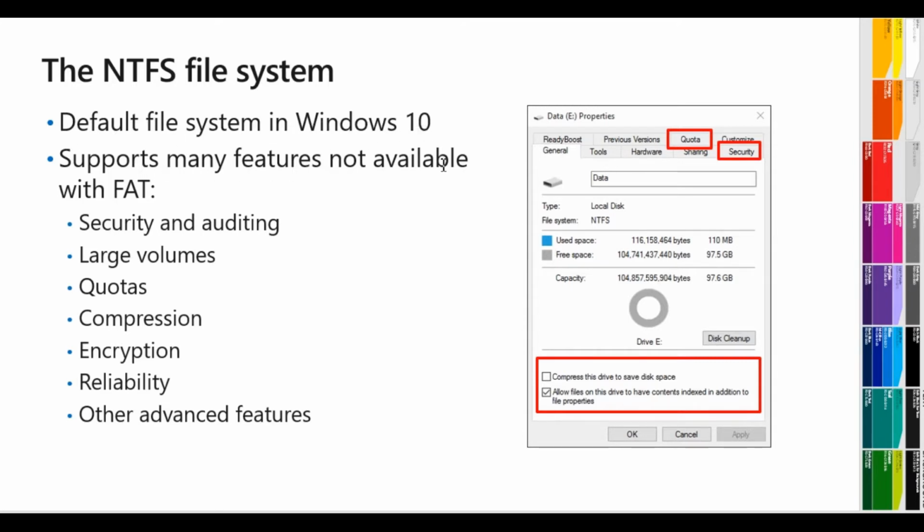It supports many features not available with FAT, such as security and auditing, large volumes, quota management, compression, encryption, reliability, and other advanced features. I think we looked at quota management, compression, and encryption yesterday, right?